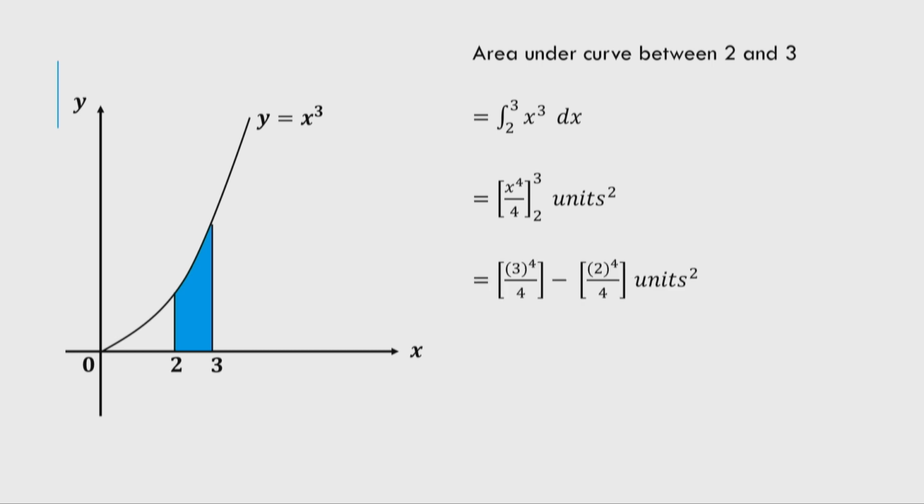Substituting the limits, we get 3^4 over 4 minus 2^4 over 4, which is equal to 81 over 4 minus 16 over 4. Evaluating this, we get 16 1/4 units squared.